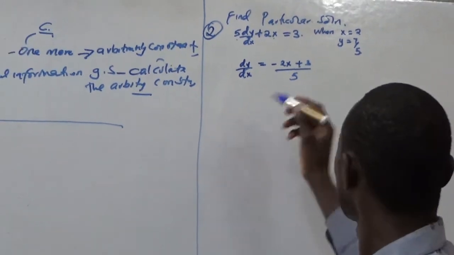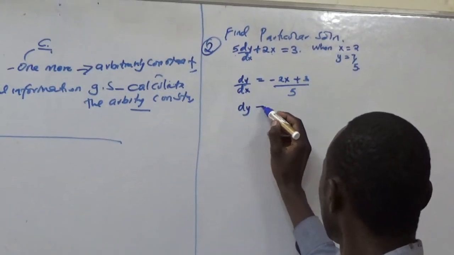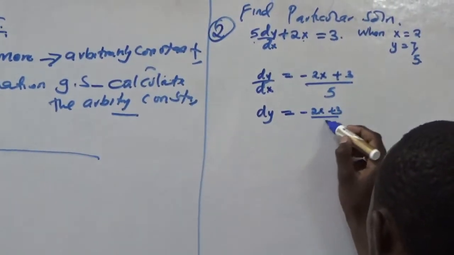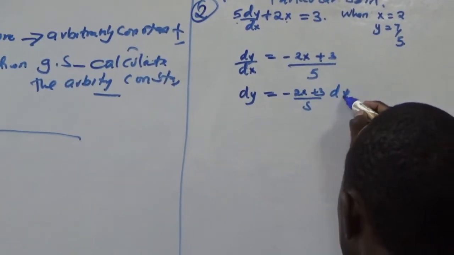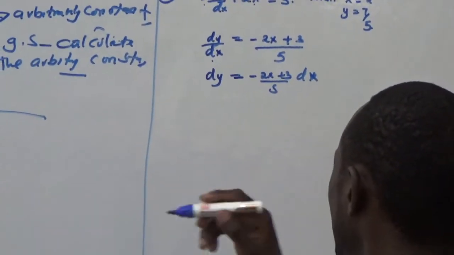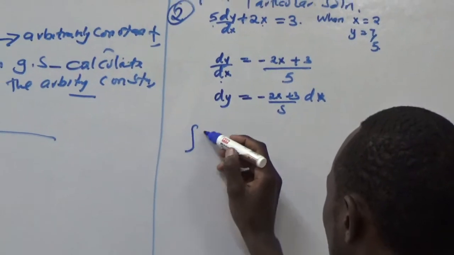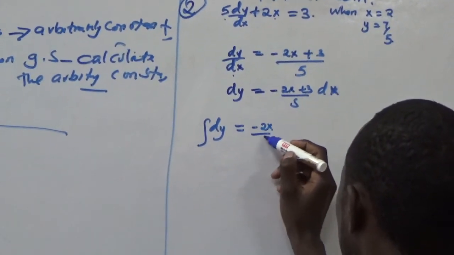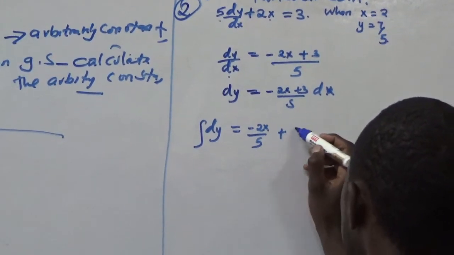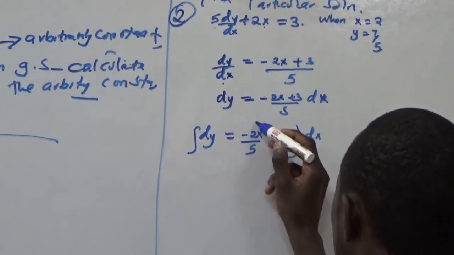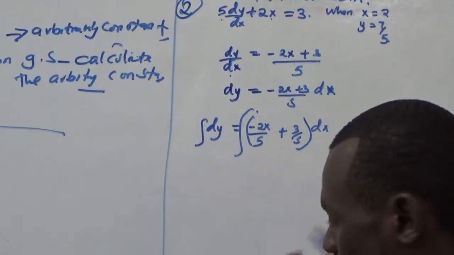Thereby, we will have dy equals to minus of 2x plus 3 over 5 dx. The function is x, the other side. Second thing, you write the integral of dy equals to minus of 2x over 5, then plus 3 over 5 of this dx. Integrating.